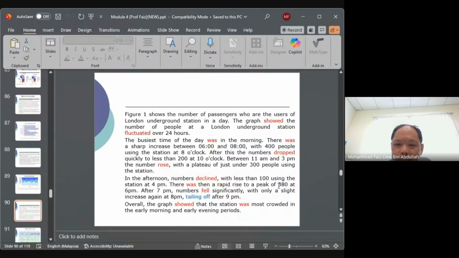And then at 7 p.m. it fell significantly. Those highlighted in red are the keywords to describe the graph in a more accurate and precise way. The overall graph showed that the station was most crowded in the early morning and early evening period. That is the conclusion from this graph.